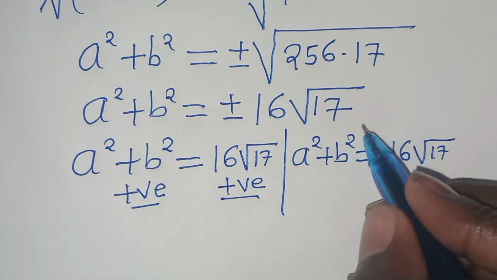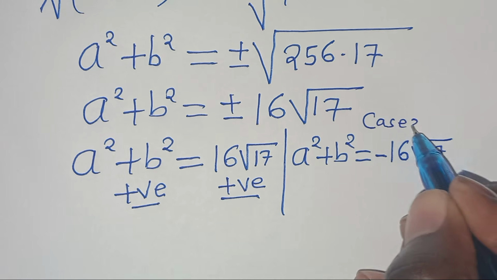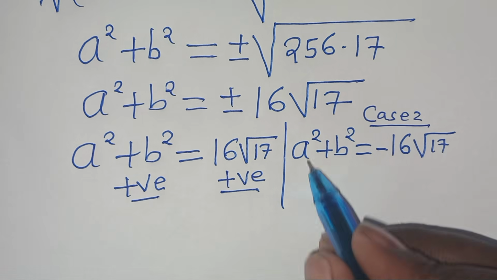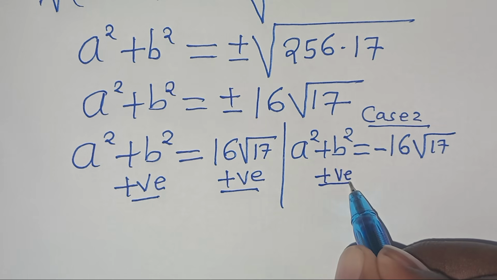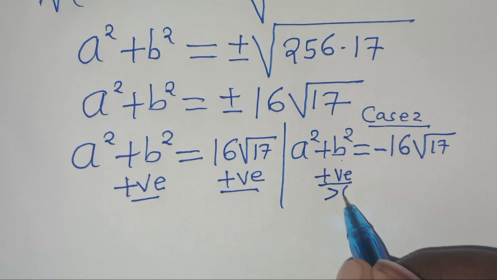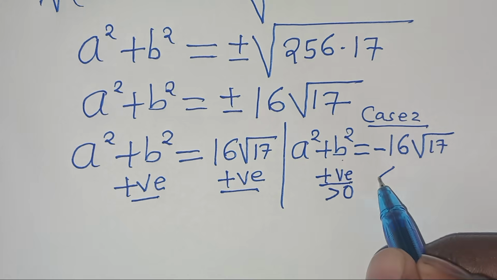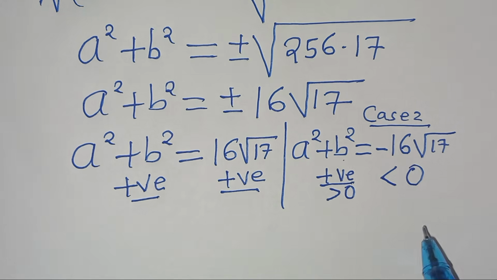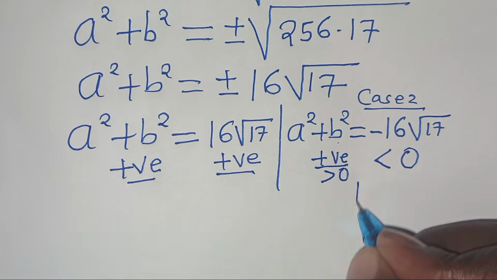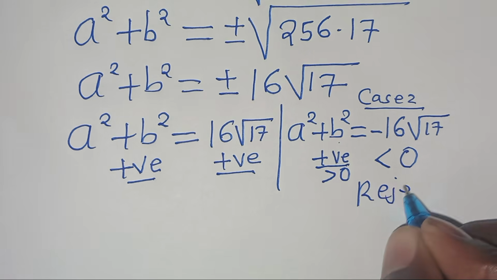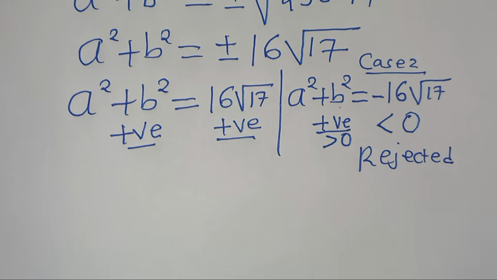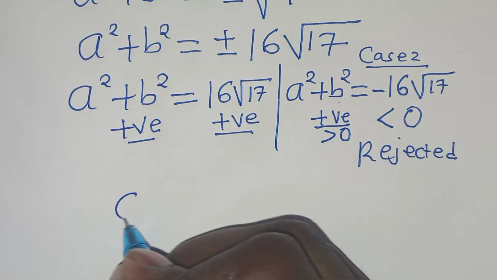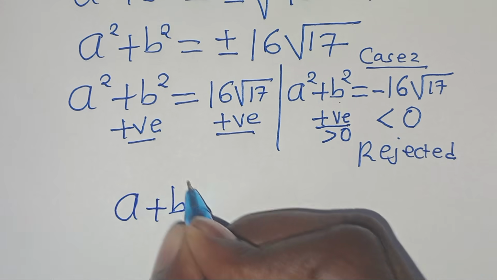But now in case 2 here, we have that a squared plus b squared, this actually will also give us a positive value, or rather we have a value greater than 0. But here we have a value that is less than 0. So from here, case 2 is rejected.